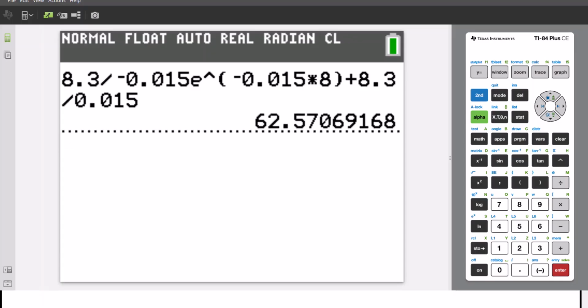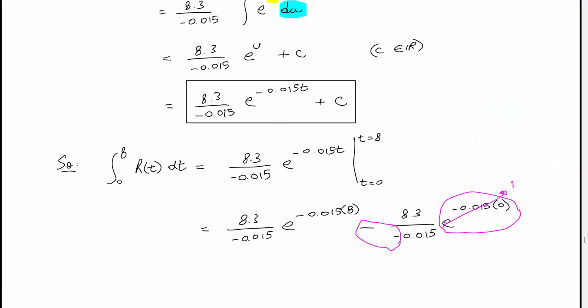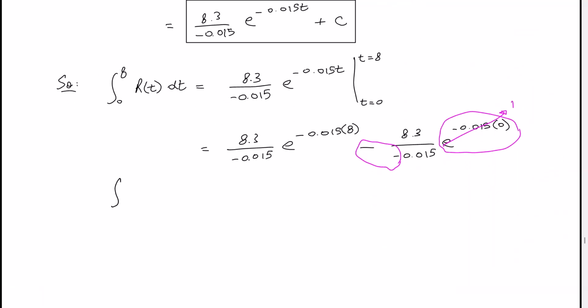They haven't told me what decimal to round to, so I'll round to 3 decimal places as usual. So I'll be saying 62.571. So this integral from 0 to 8 of r of t dt is approximately equal to 62.571. And the unit is in thousands of gallons.